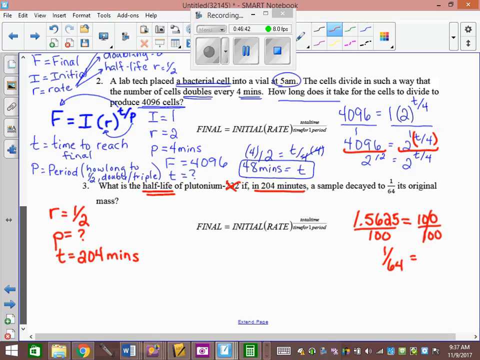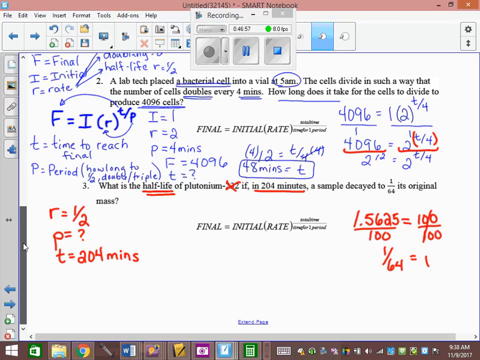It would be 1 over 64. And the initial would be 1 now. So why are we making our initial anything other than 1? We're just making our lives harder, okay? That's my point. So if I have a choice, I will always pick my initial to be 1.